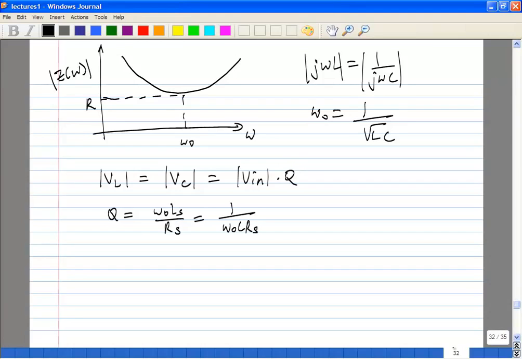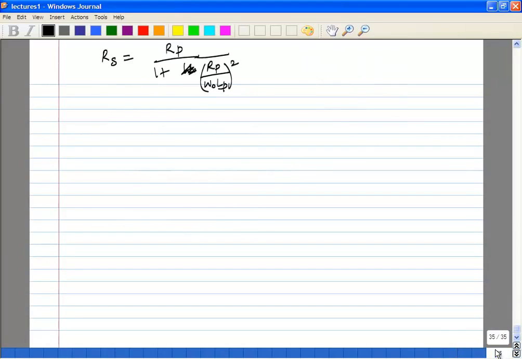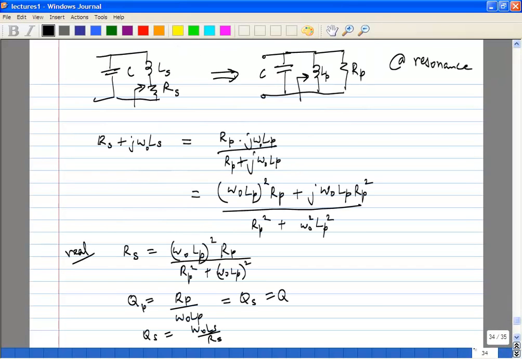For a series network, it happens to be omega naught L over R, which is obviously, since omega naught L is 1 over omega naught C at resonance, 1 over omega naught CRS, CSRS if you want it that way. So that's why QS is omega naught Ls over Rs.